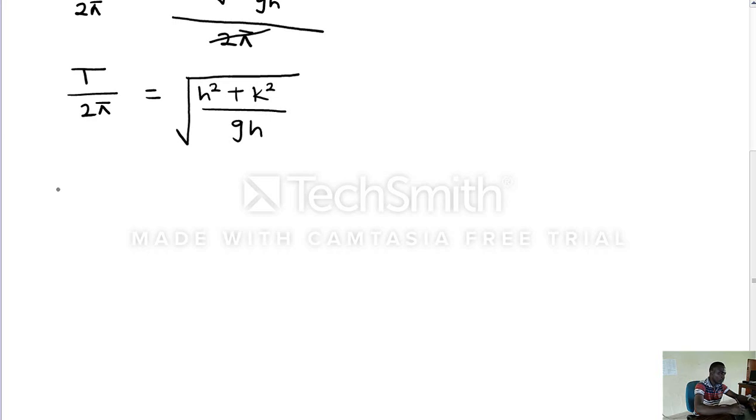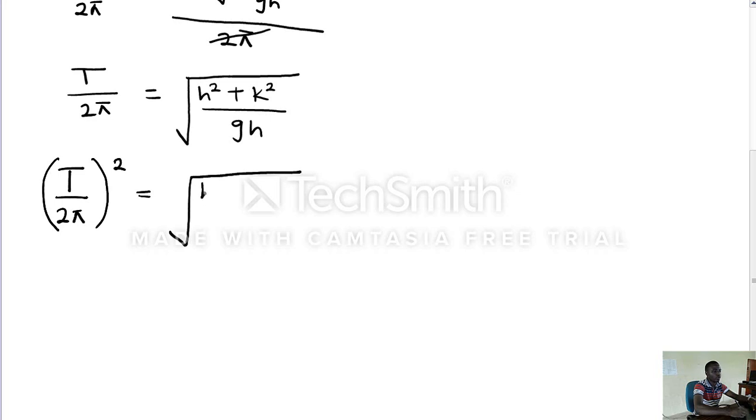So when I square both sides, you discover that this square root sign will be removed. So I'm going to square both sides, and this will give us t divided by 2 pi all squared is equal to square root of h squared plus k squared divided by gh all squared, because I said square both sides.